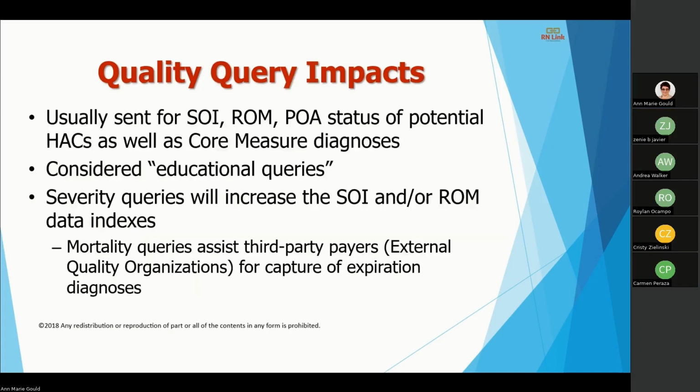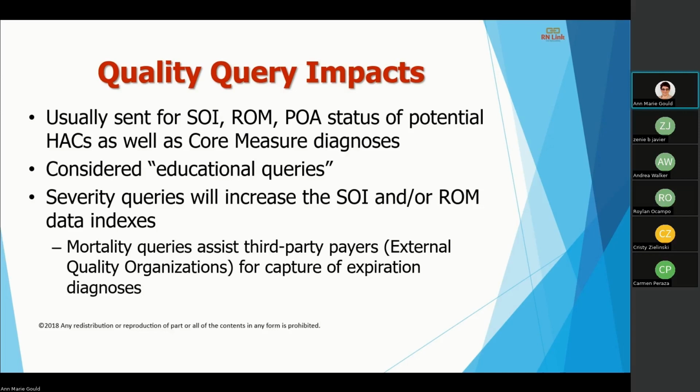So your quality query impacts, usually these are sent for SOI, your severity of illness, ROM, risk of mortality, your POA status, which is present on admission, potential HACs, as well as your core measure diagnoses. Now, in HIM, we had a separate department for core measures from CDI at one of the facilities I worked, and then they put them all together.